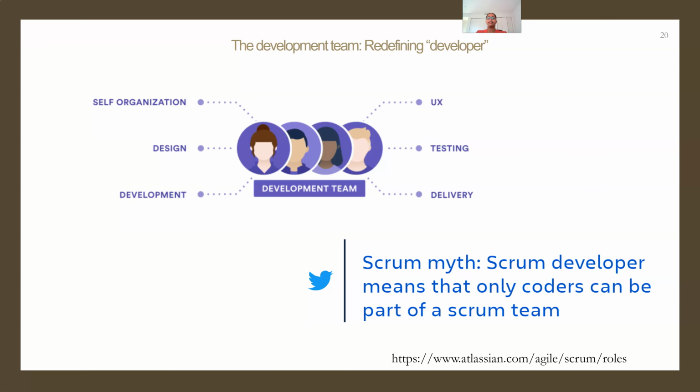Maybe at first we may think that development team just means software engineers, but it is not always the case. According to the Scrum guide, the development team can be comprised of all kinds of people. So it can include designers, writers, programmers, etc. The development team should be able to self-organize so that we can make decisions to get the work done.